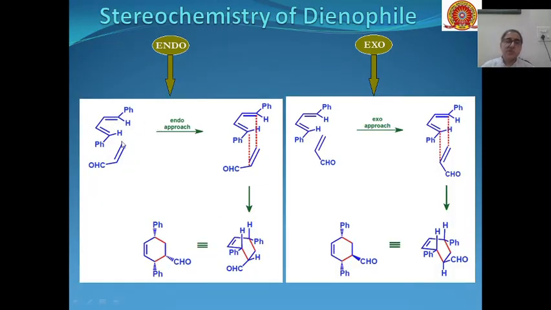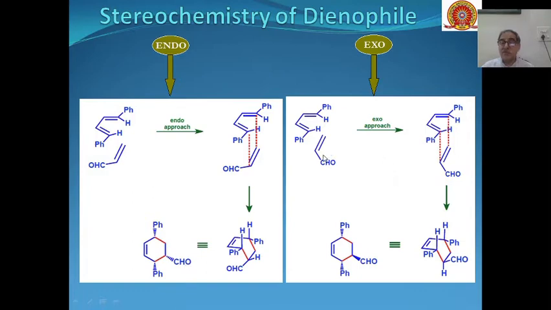So for example, the same 1,4-diphenyl-1,3-butadiene reacting with this aldehyde-containing dienophile, and this is how, on the basis of endo approach, the product will be formed, and you will have these as the outside substituents, so they will have alpha configuration. This is also outside, so this will also have the alpha configuration.